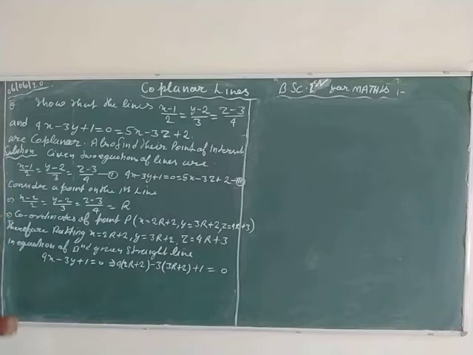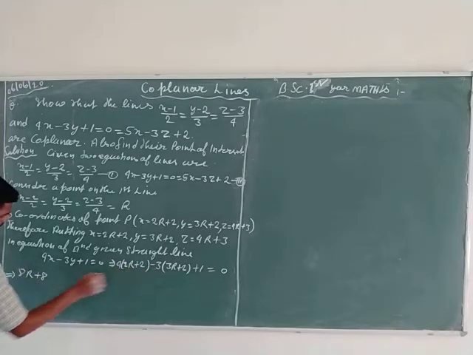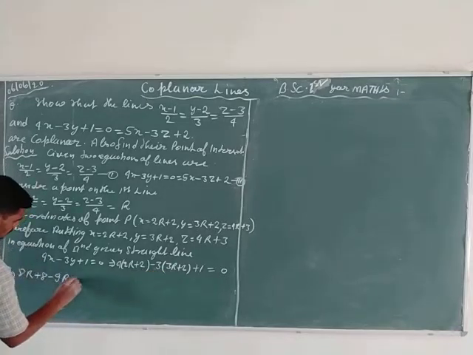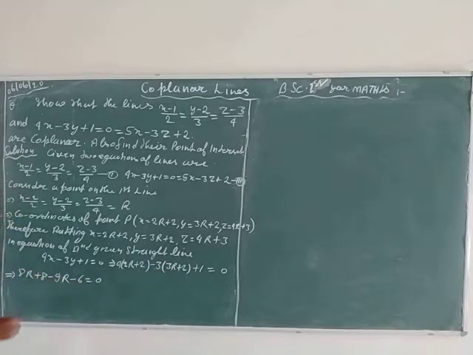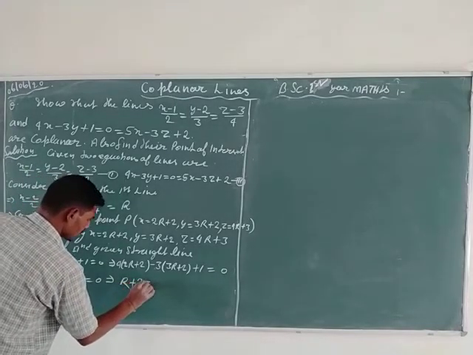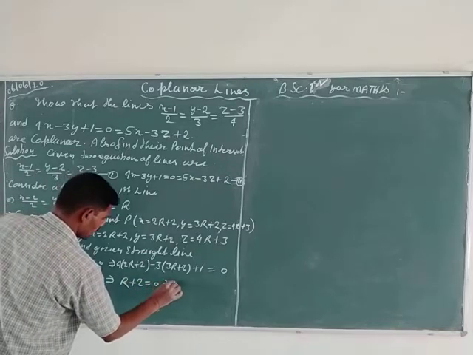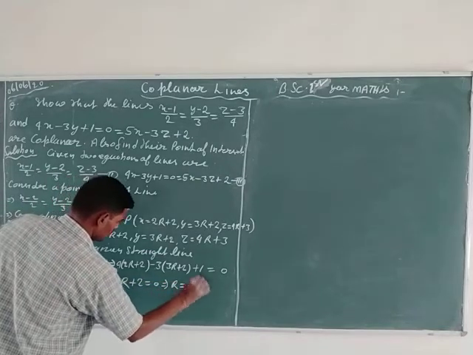Simplifying this equation, write 8r plus 8 minus 9r minus 6 plus 1 is equal to 0. It is implied that 8r minus 9r is equal to minus r, and 8 minus 6 is equal to plus 2, plus 1. It is implied that r is equal to minus 2.